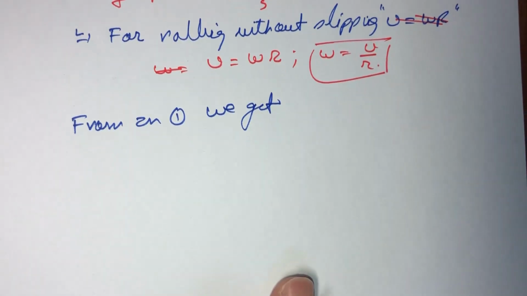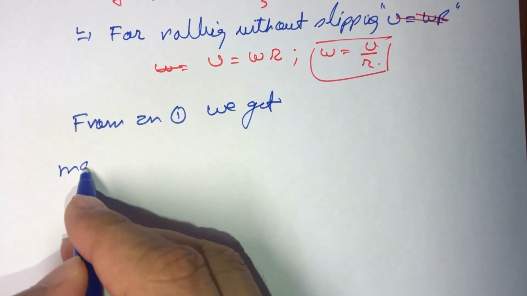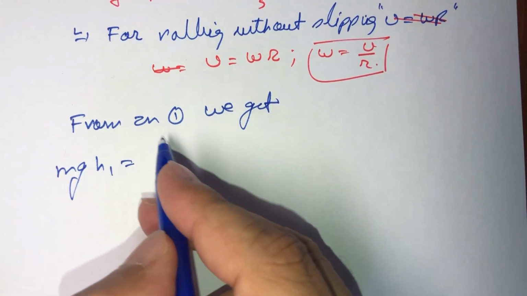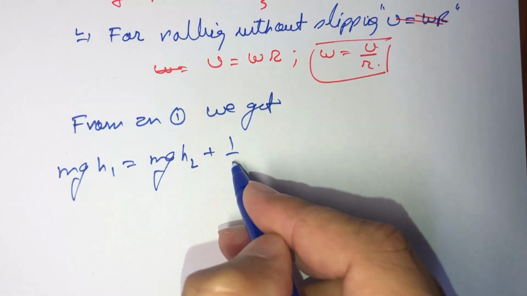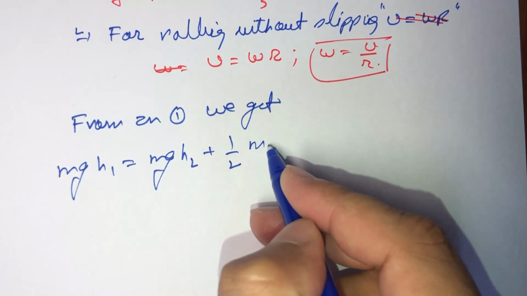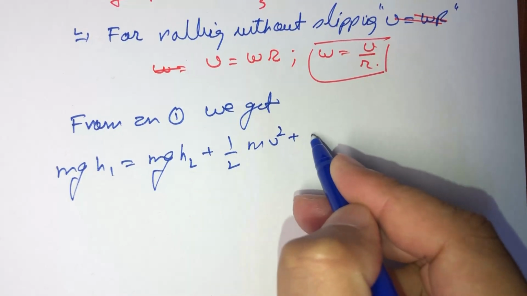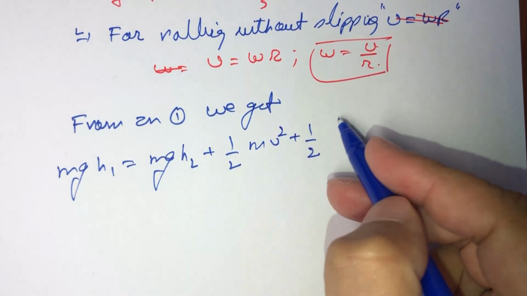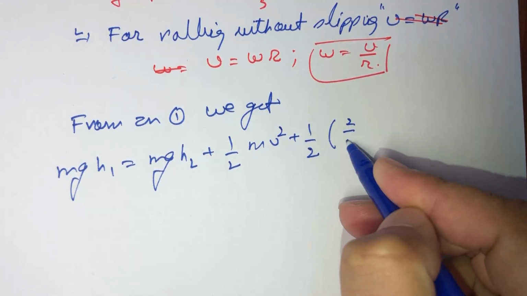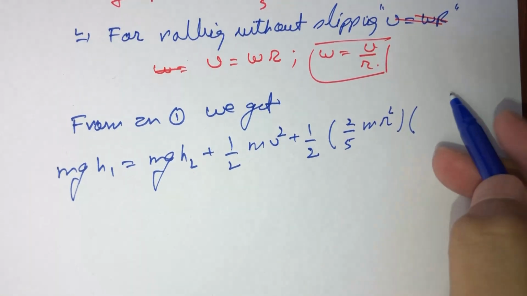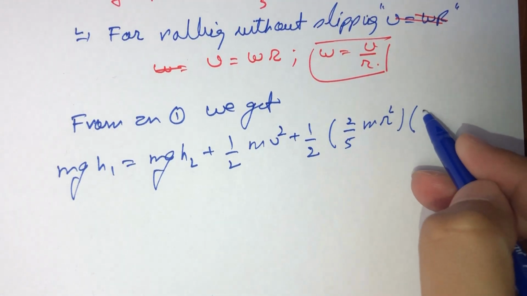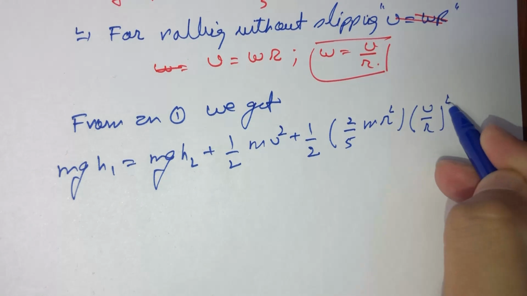So substituting the value of moment of inertia and the angular velocity, from equation 1 we get mgh1 is equal to mgh2 plus half m v square plus half times 2 by 5 m r square times v upon r whole square.